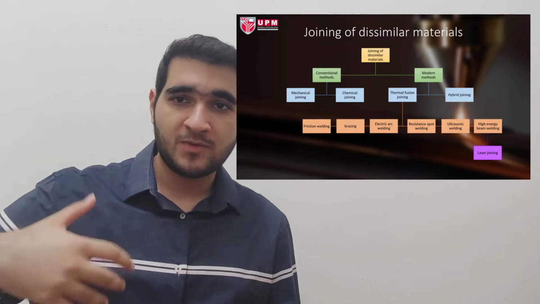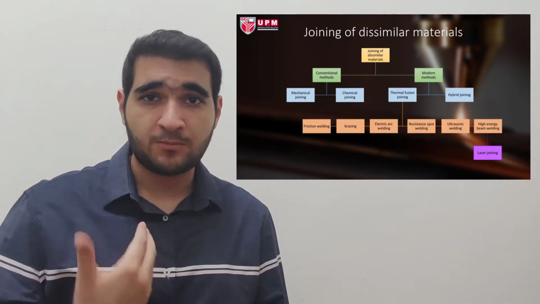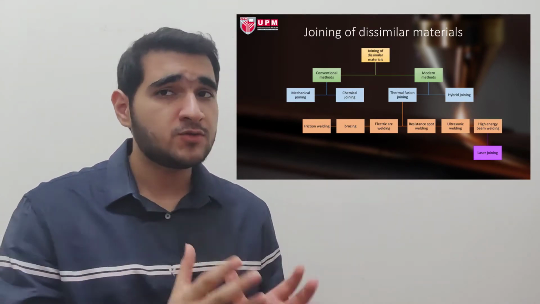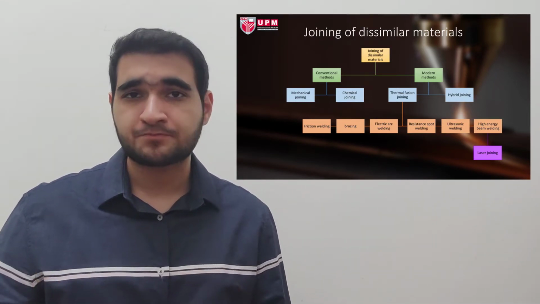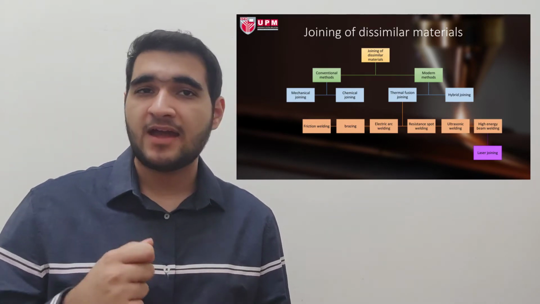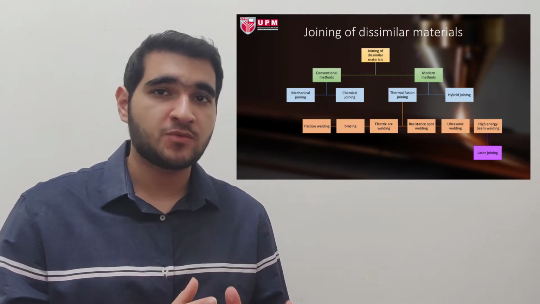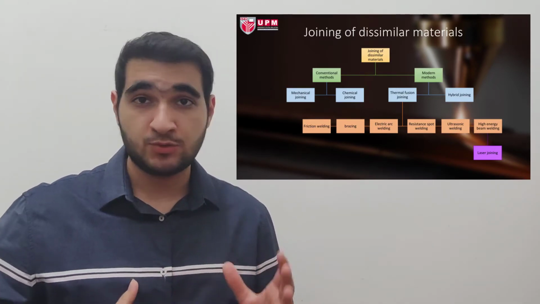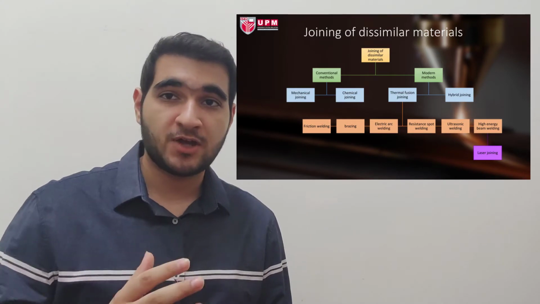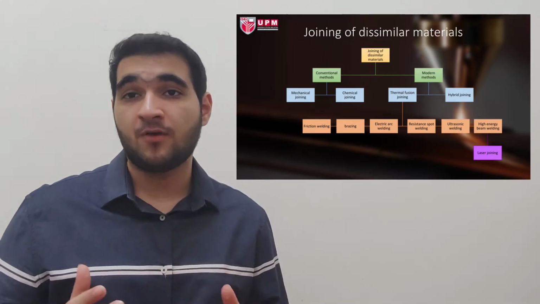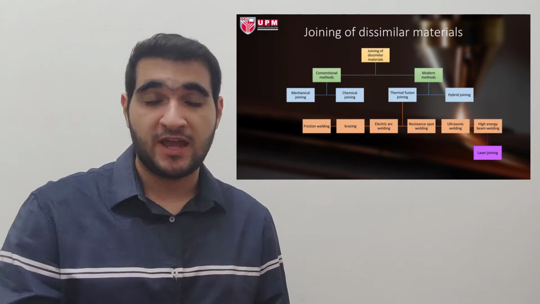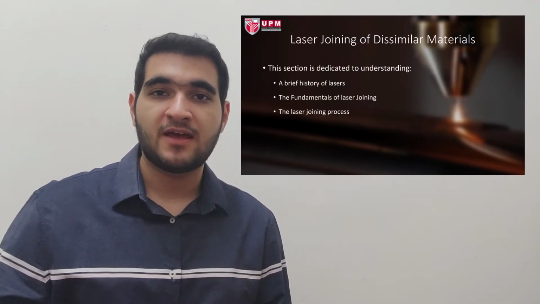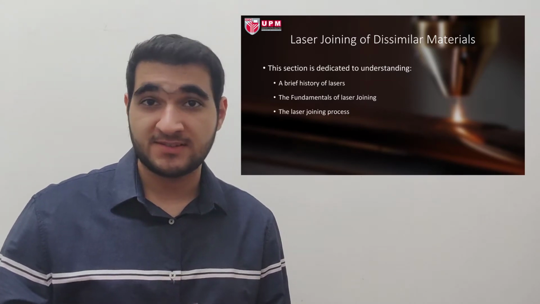Throughout time, we can see how these different joining processes have evolved from conventional methods, which are still used today, but very rarely. And finally, we have laser joining, which uses one of the latest technologies to date to try to permanently weld two dissimilar materials. Through this hierarchy, we can see how these processes have evolved to the formation used today. With that said, we can finally jump into the main topic, and that is laser joining of dissimilar materials.